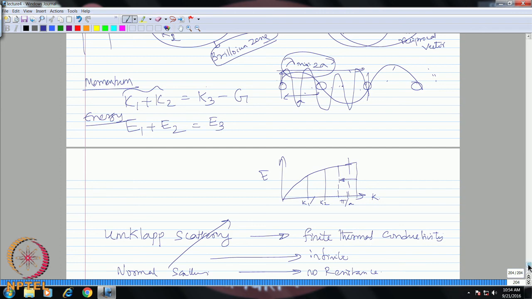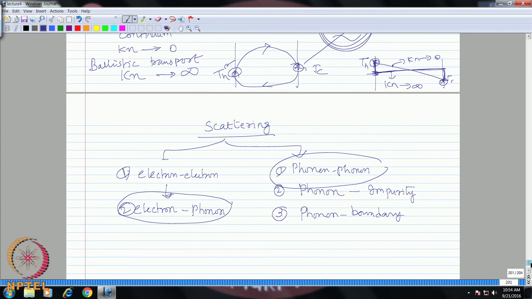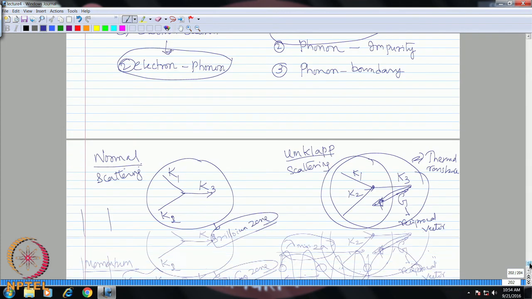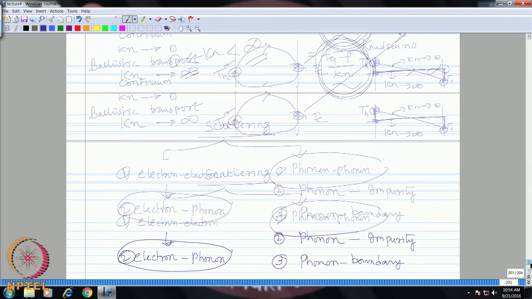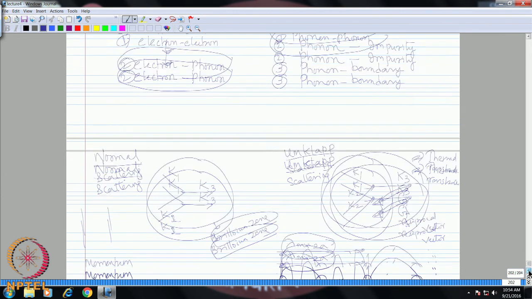Through the electron-phonon collision, you can explain the finite electric resistance, and through the phonon-phonon Umklapp scattering mode you can explain the finite thermal conductance.